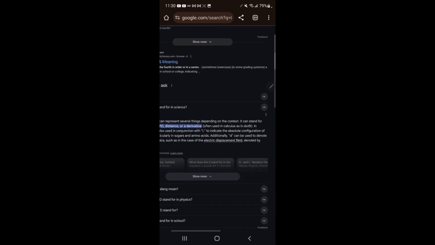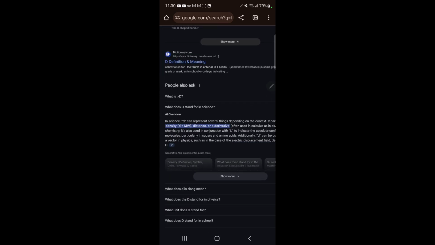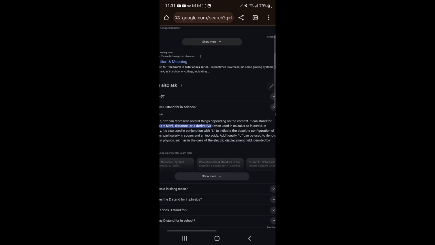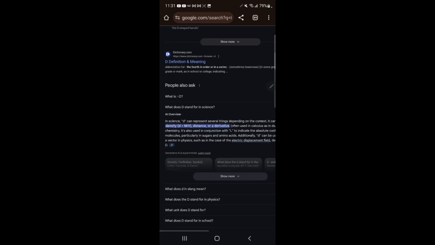Psi. Scientifically, that also stands for density, distance, or derivative. Often it's used in calculus as dx or dt. In chemistry, it's also used in conjunction with L. Hold on.